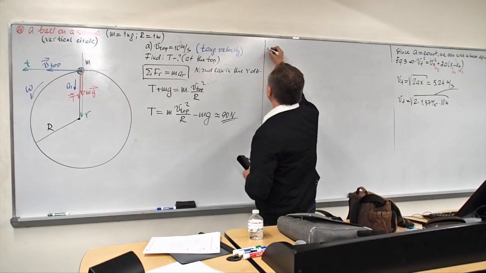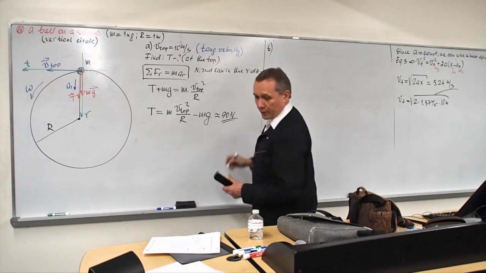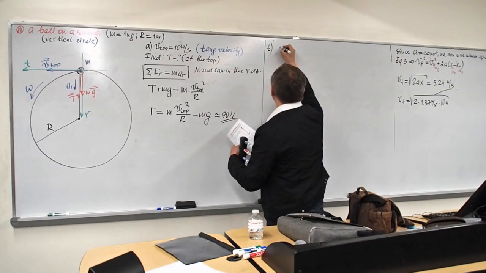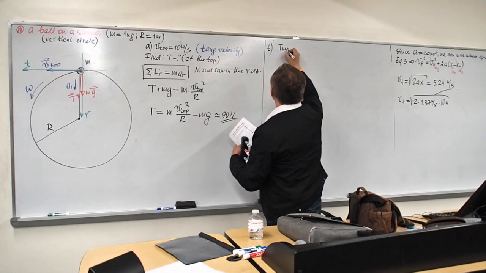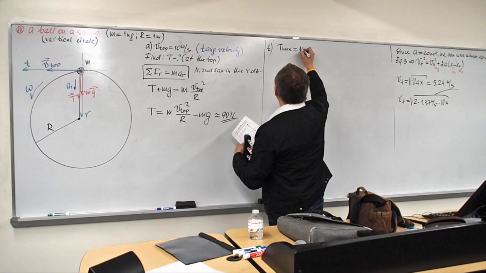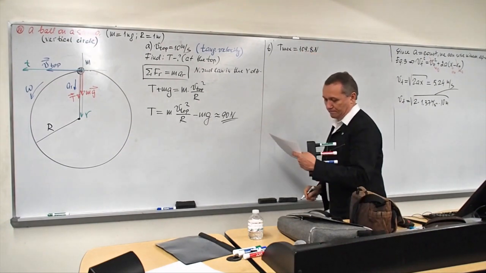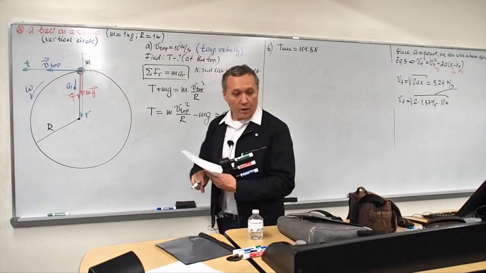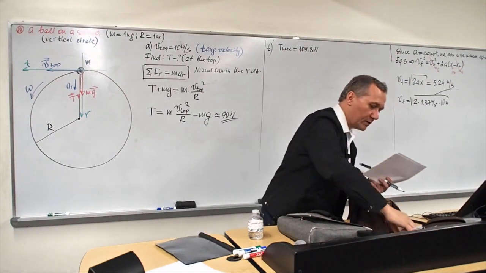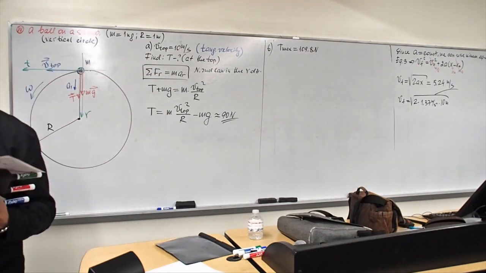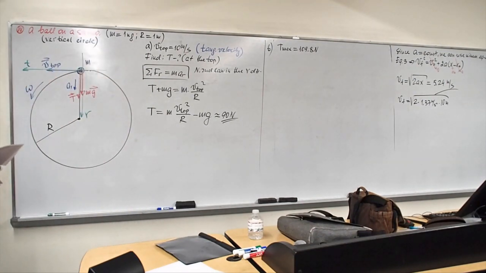So part B. T maximum is given. T maximum is 109.8 newtons. And of course, when you spin this object, the maximum tension is at which point? At the bottom, yeah.